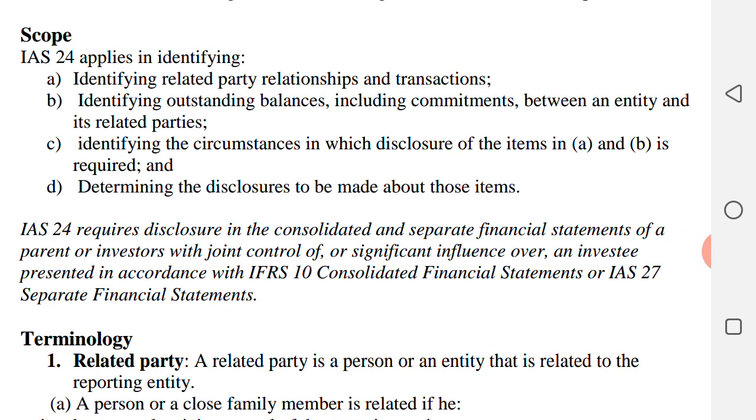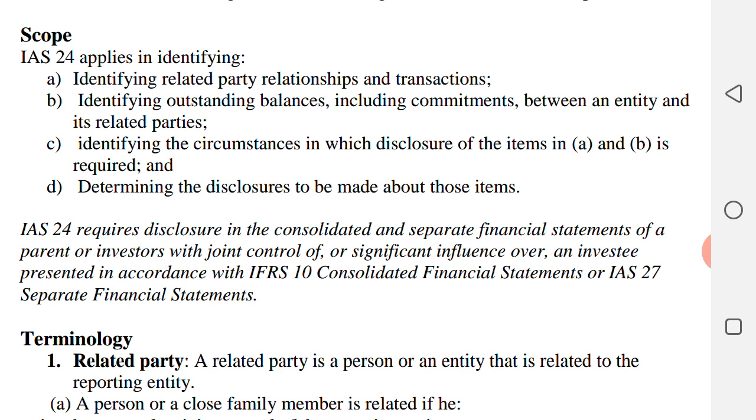Now, you want to identify a related party and a transaction. You want to tell the internal users. Now, that is the benefit of what you are doing for the users. Now, what is the cost of doing that? If the cost exceeds the benefit, you don't have to go further and give the benefit.